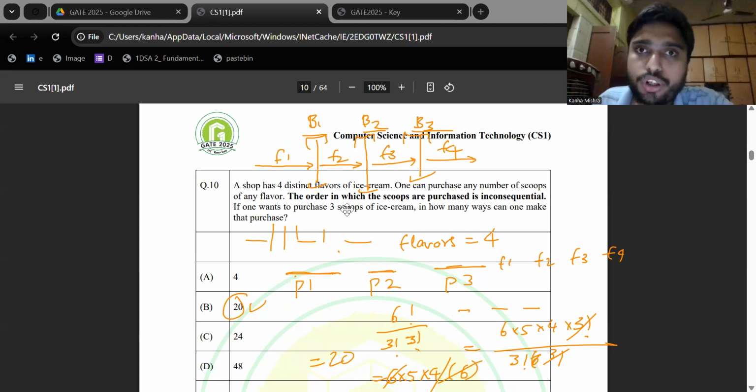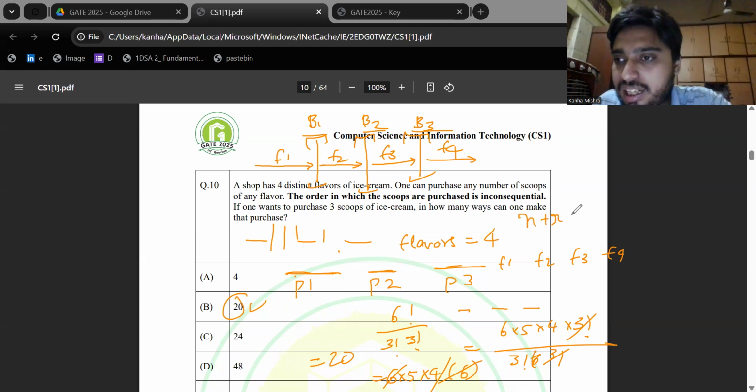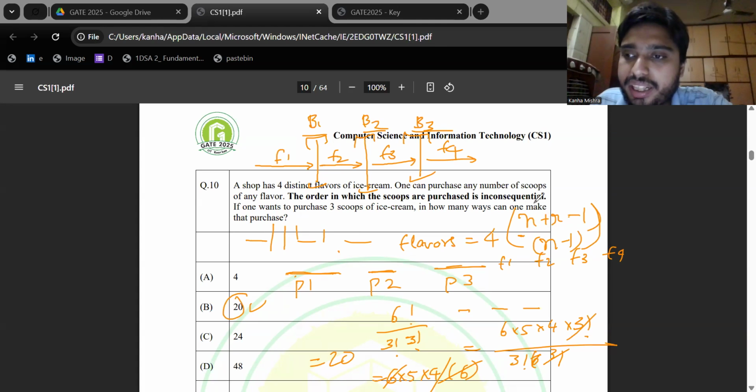Also, if you don't want to do all this, there is a direct formula for this: (n plus r minus 1) factorial upon r factorial times (n minus 1) factorial, where n is 4 and r is 3. So directly you can do that as well.